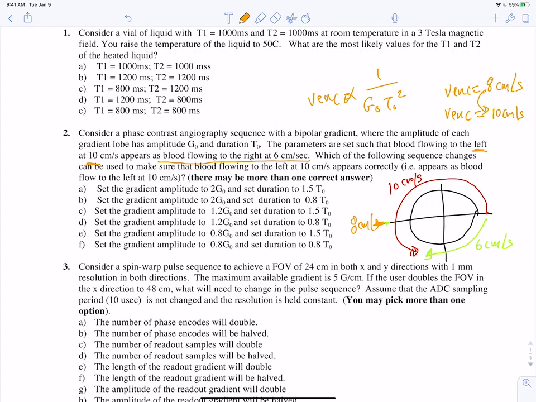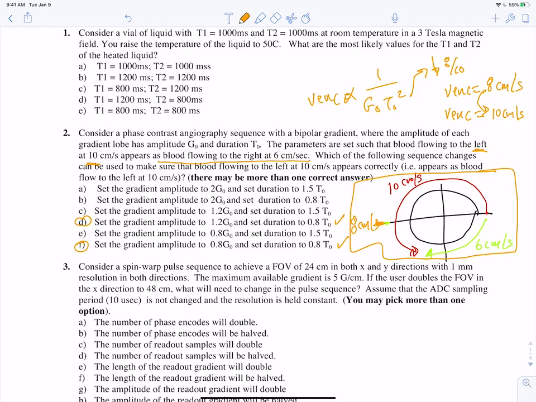So this factor here, the G naught T squared, must go down by a factor of 8 over 10, right? And so the only combinations that do that are D and F. Okay? So I wouldn't worry about what answers are correct here. The most important thing, at least for the homework, is understanding this picture here.